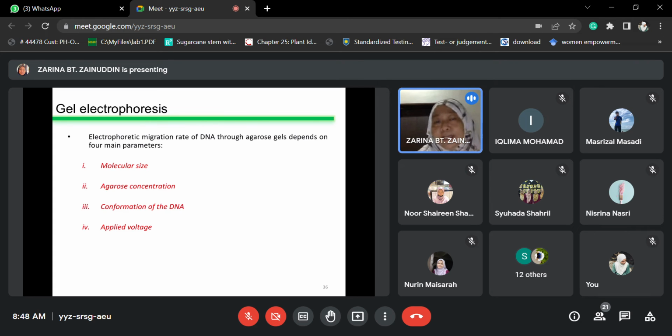Okay, so basically the migration of DNA, when you run the DNA sample through agarose gel, it will depend on 4 main parameters. It depends on the molecular size, agarose concentration, conformation, the shape of the DNA, and also applied voltage. So I will explain one by one.